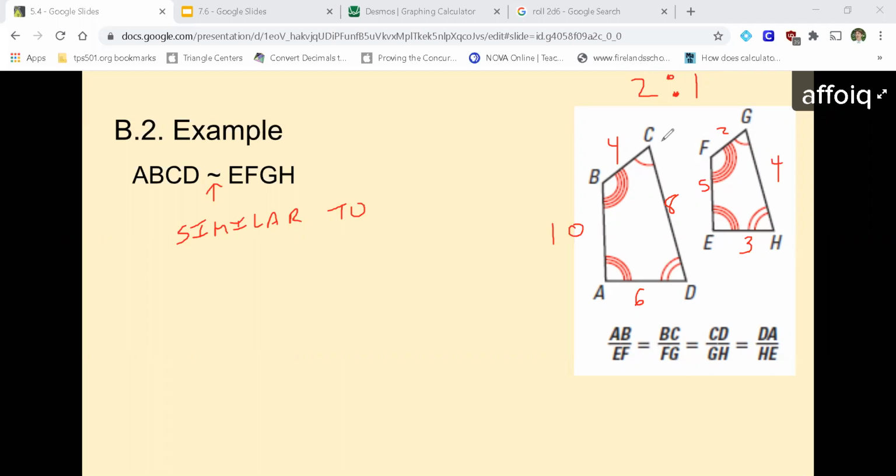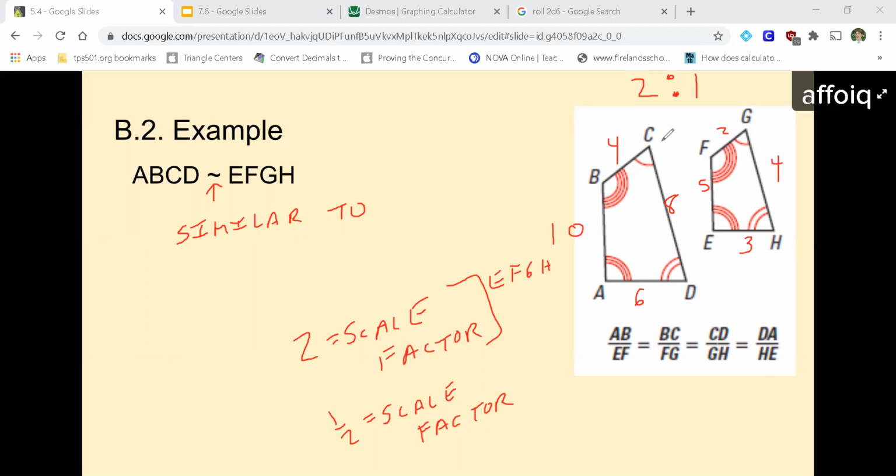That makes sense? Any questions about how that works? That proportion is the scale factor between these two polygons. Or you could think of a half as the scale factor. So this would be the scale factor if I was taking EFGH to ABCD.